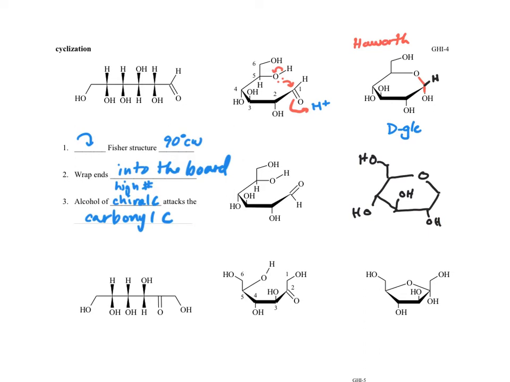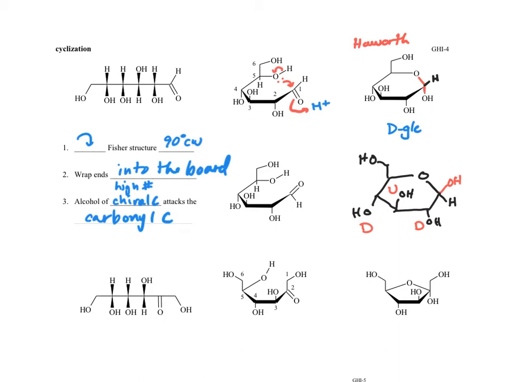So when I think about glucose, by the way, I always think about down, up, down at those positions. Now all that's good, but we haven't finished the most important part, and that is the chiral carbon of carbon number 1. Now with the carbonyl pointing up instead of down like it was up here, the alcohol is going to be also pointing up. And the hydrogen, of course, will be opposite of that, going down.